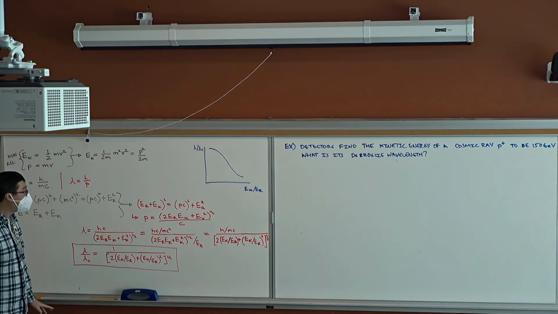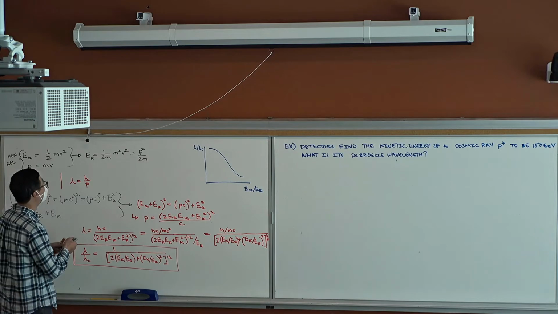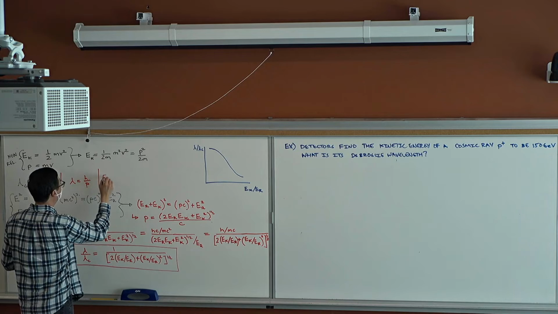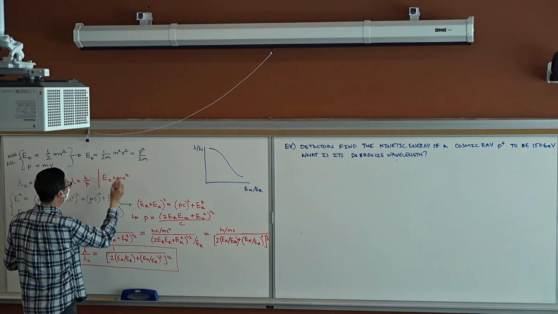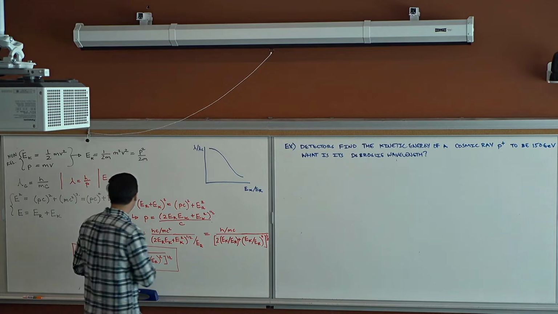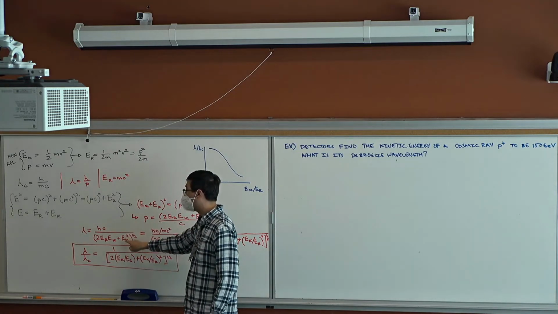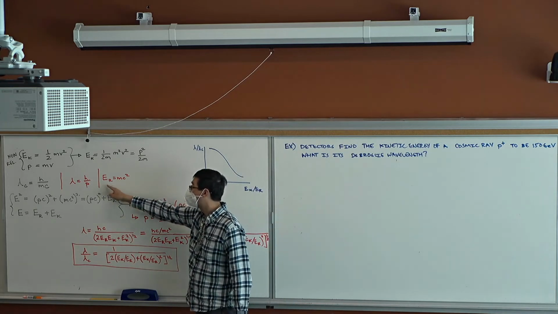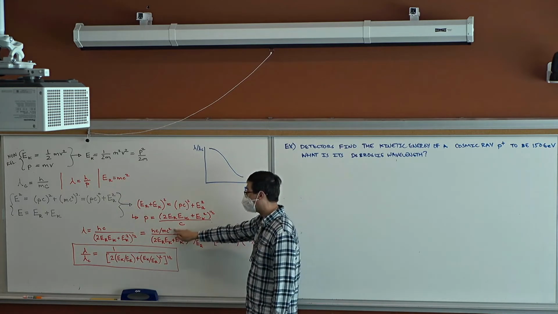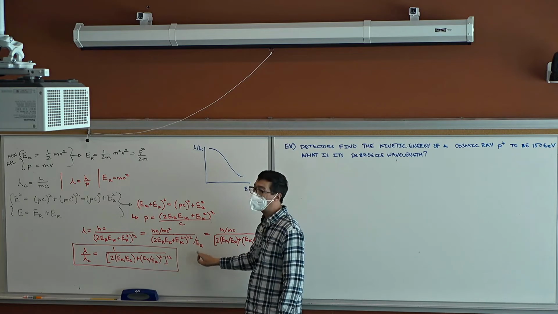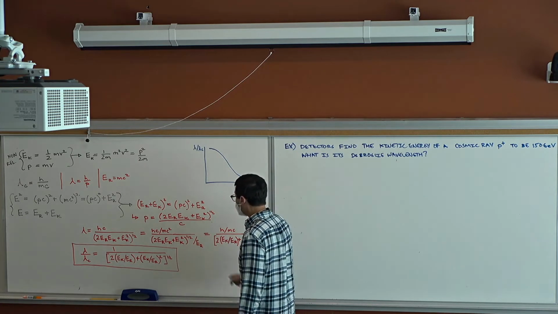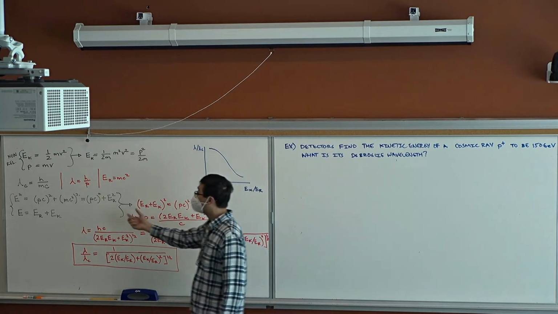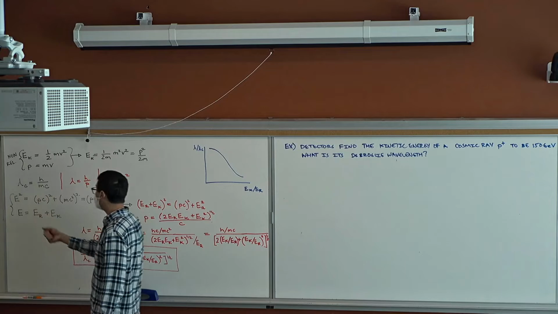I'm going to play a little trick here, and I'll remind us that the rest energy E_R is mc squared. I can take this and divide the numerator and the denominator by mc squared, which is the same as dividing by E_R. The nice thing about this is the numerator becomes h over mc, which you probably recognize is the Compton wavelength.